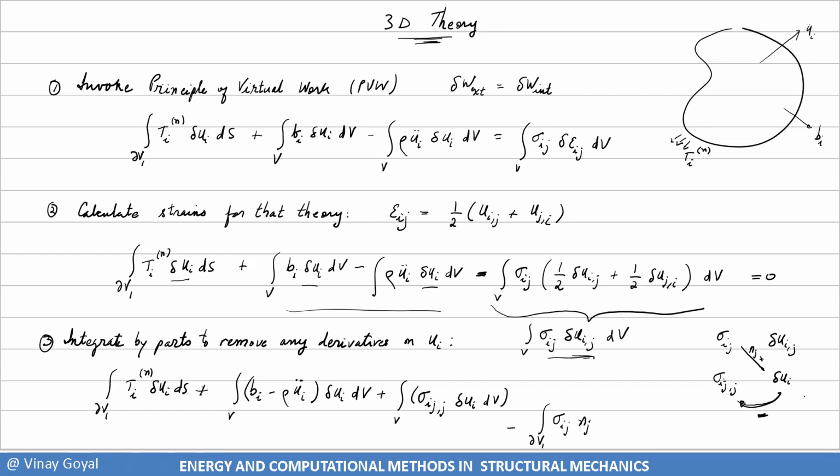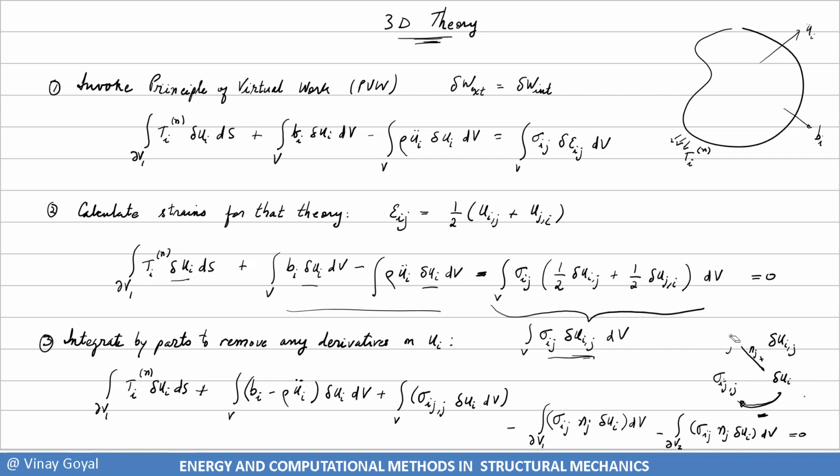Sigma ij nj del ui ds. And I think you're going to freak out when you see what's going to happen, because I will have derived the integral over the surface 2 of sigma ij nj del ui ds equal to 0.